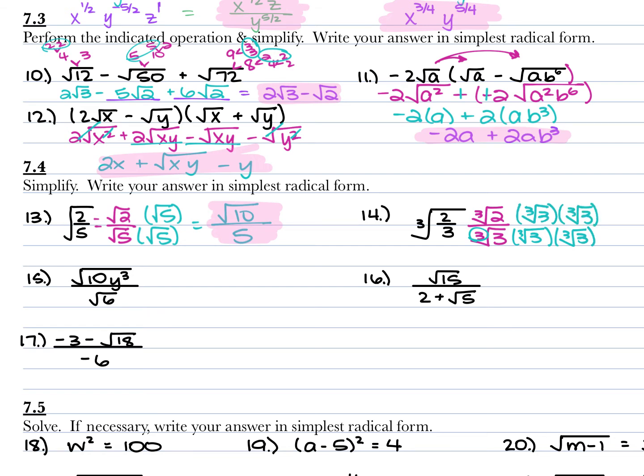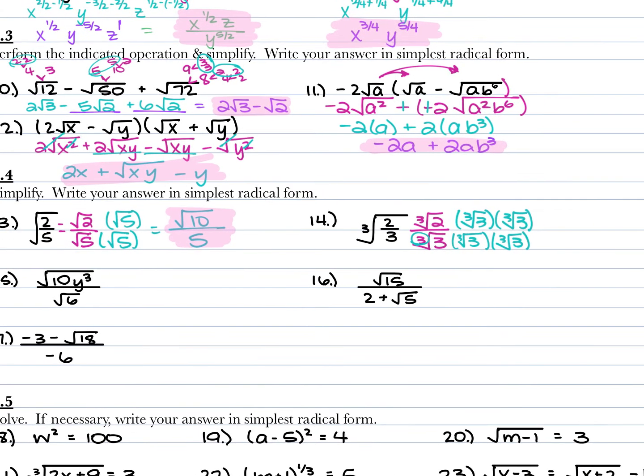We have the cube root on the top, all the same. So that's going to give us the cube root of 2 times 3, which is the cube root of 18, all over the cube root of 3 times 3, which is just 3. You cannot simplify this any further, so this is your answer.